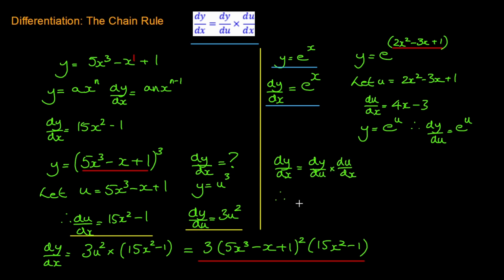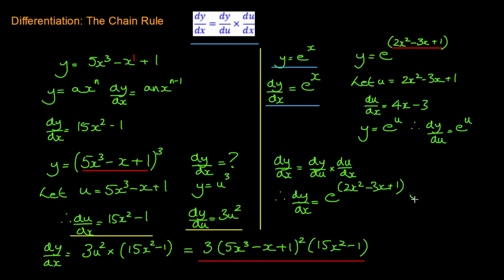So therefore, in our case, dy/dx is equal to dy/du. dy/du is e to the u. Well, I might as well take this opportunity to substitute back, u being our inner function, which so far is exactly the same as the function we started with.